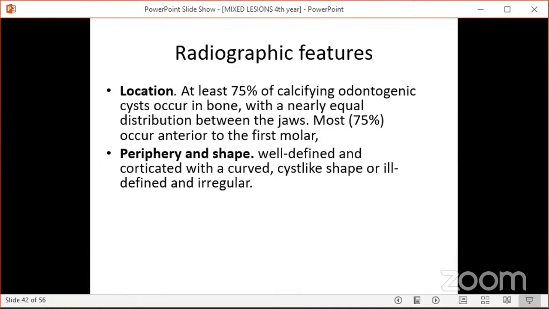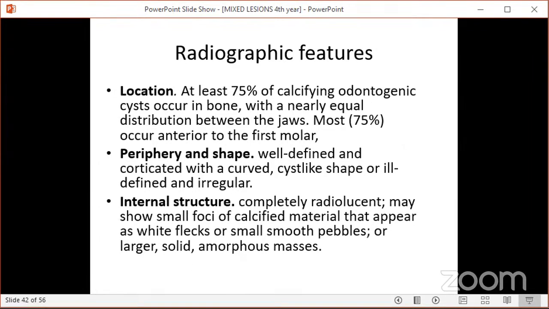It could be ill-defined and irregular. The internal structure could be completely radiolucent or may show small foci of calcified material that appear as white flakes or smooth pebbles, or larger solid amorphous masses of radiopacities within the structure.